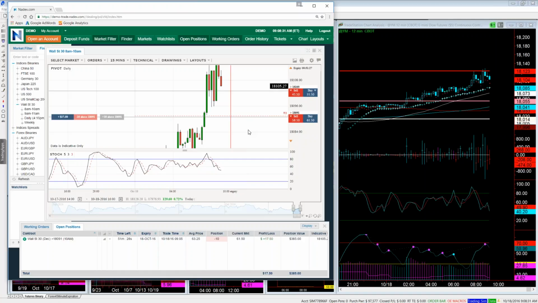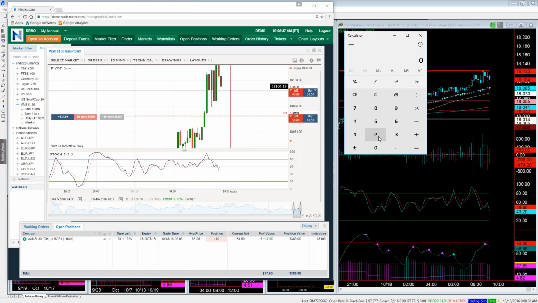Weber, I just saw your question. All binaries pay out exactly $100, okay? We're going short, so we subtract the average price, which is $63.25, and that gives us our risk. Our risk was $36.75, okay?